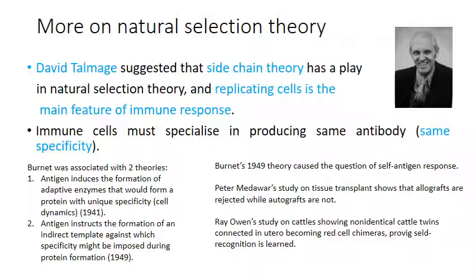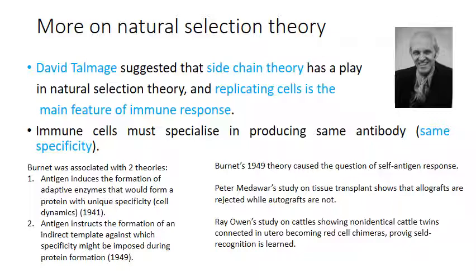So Burnet was associated with two theories at first. One is that the antigen induces the formation of adaptive enzymes that will form a protein with unique specificity. And number two is that the antigen instructs the formation of an indirect template against which specificity might be imposed during protein formation.